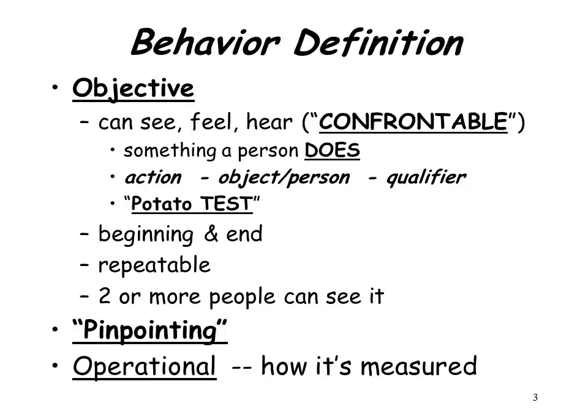So if you see a kid who's stamping his feet, "stamp feet" fits that action object requirement, because stamping is the action and the object is the floor or the feet. If a person hits another person, then "hits peers" would be the action object formulation.